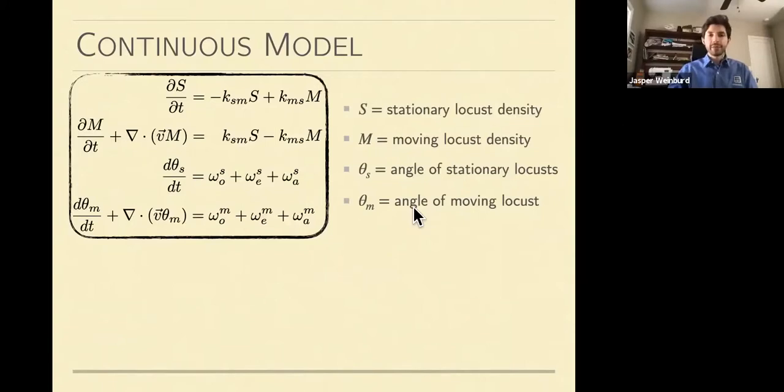So again, we've got state densities instead of individuals, the density of stationary locusts S and M. You can see these first two equations are very much a two-dimensional version of the equations we used in the 1D case. But now these K_SM, K_MS are the switching rates. These are not depending on resources anymore because there are no resources, right?